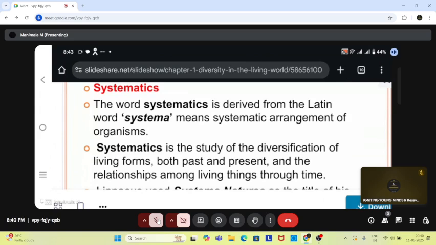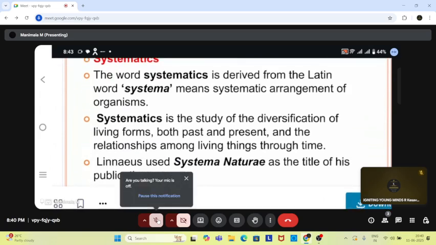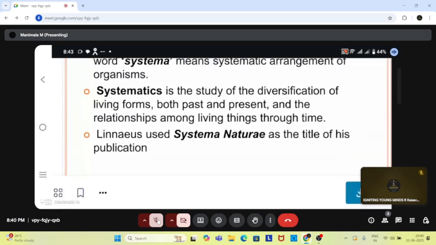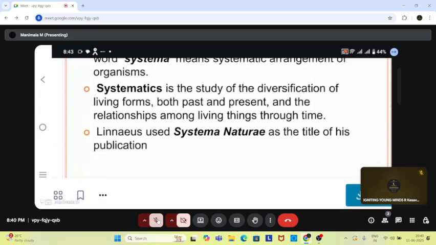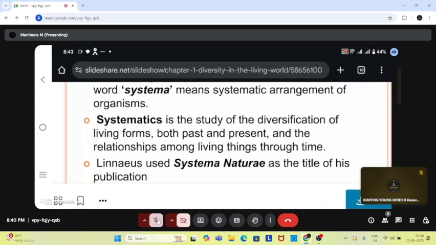Systematic is the study of diversification of living forms, both past and present, and the relationships among living things through time. Linnaeus used Systema Naturae as the title of his publication. He published this book, and here he arranged all organisms in a systematic manner.